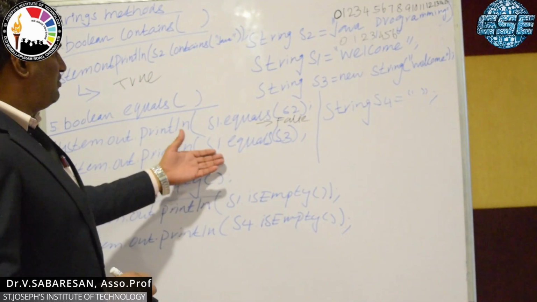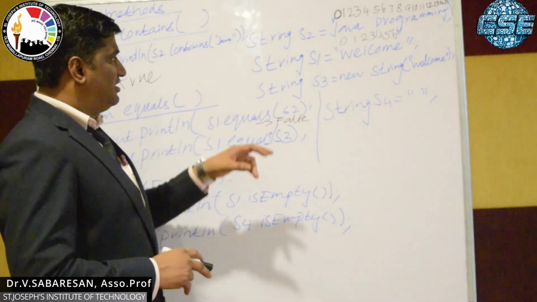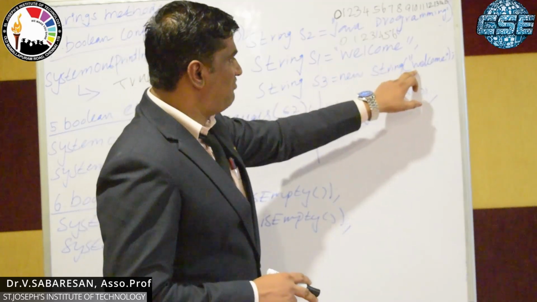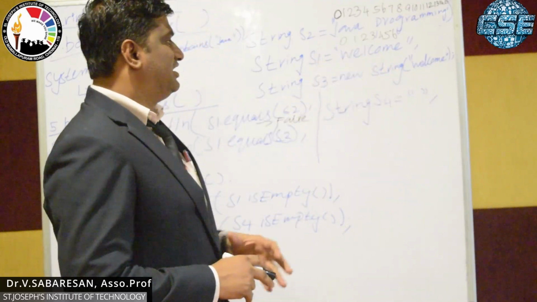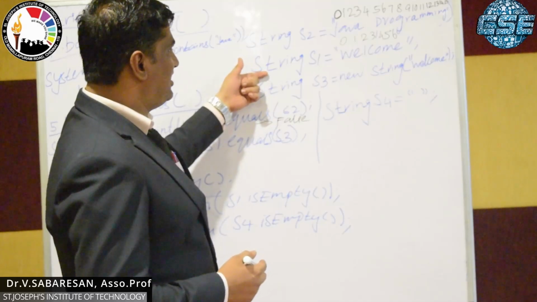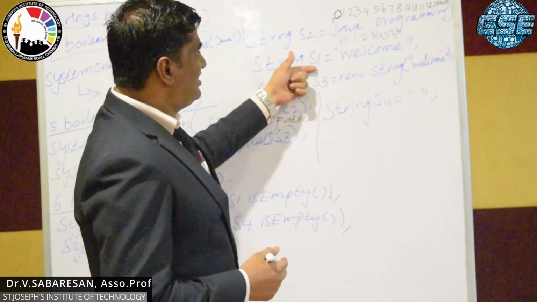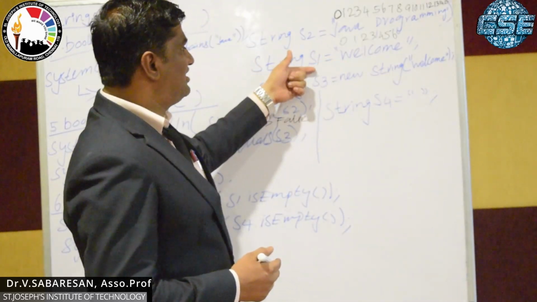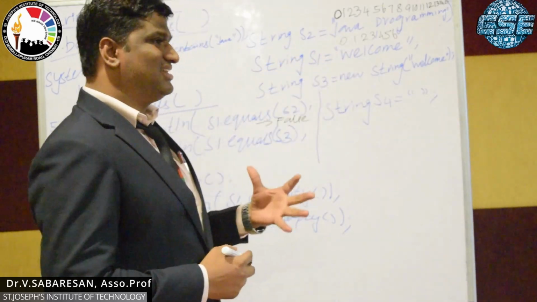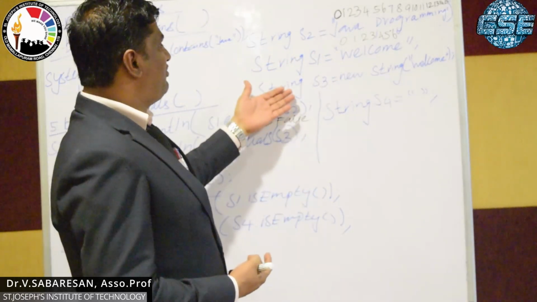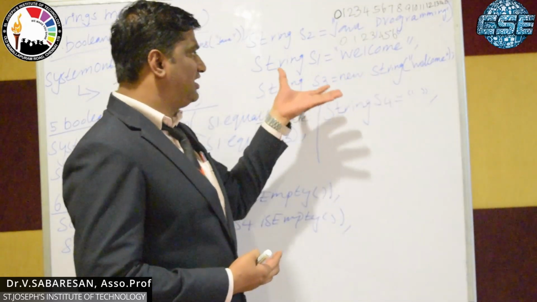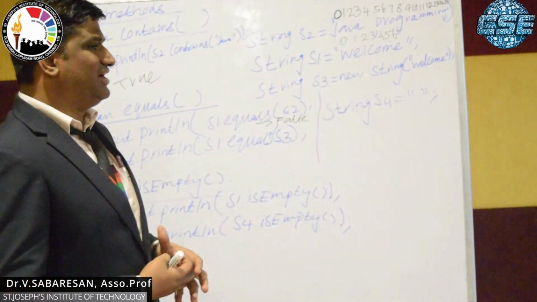The next one, s1.equals(s3). As previously discussed, s1 and s3 both have the same value, welcome, but the values are stored in different spaces. For example, if you create a string object with the help of the new keyword, the object is stored in heap memory.